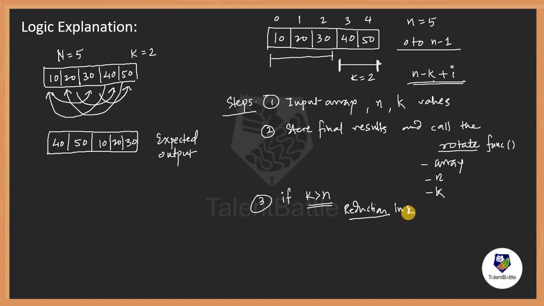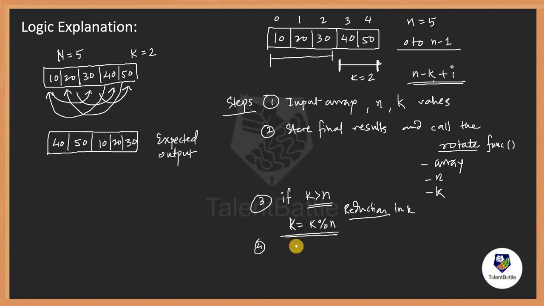You can apply the simple logic of modulus division, so new k will be k modulus n. This is what you have to do, because as per the sample test cases, we have test cases where the k value is less, but we have to write generalized code to satisfy hidden test cases also. That's why this condition is important.